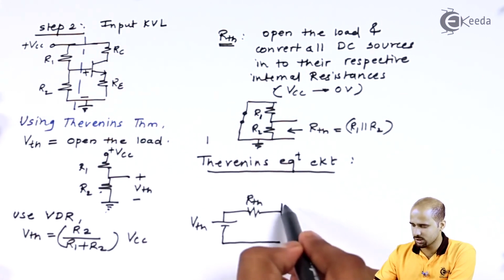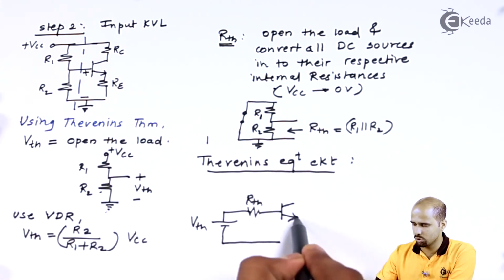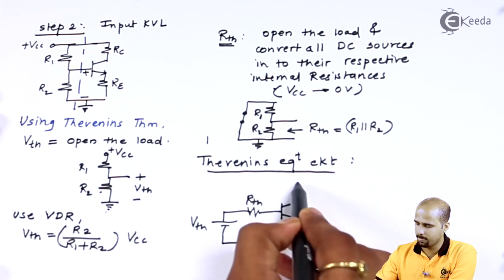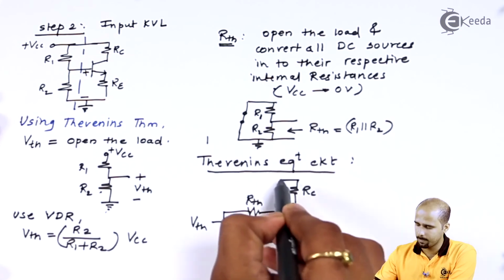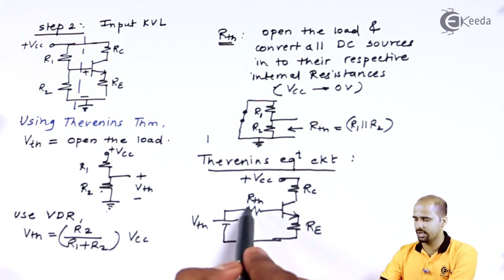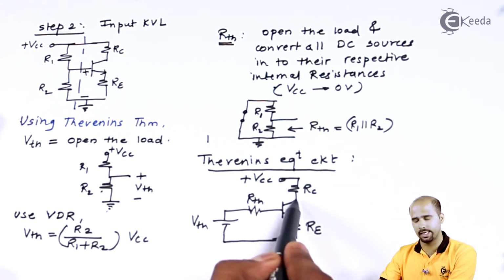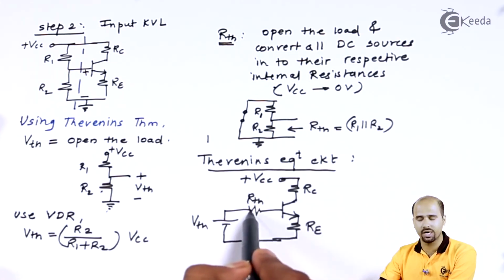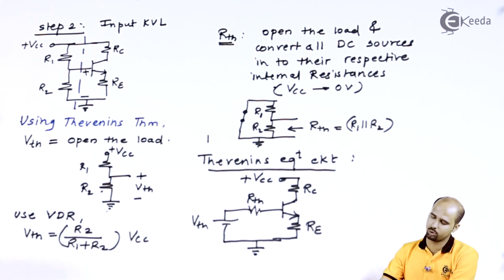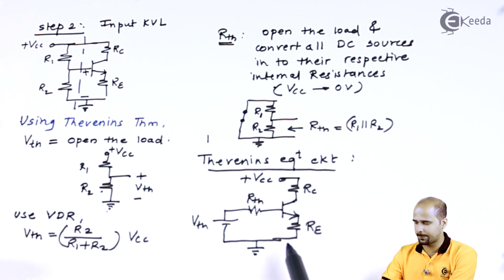So the load was this, and I have attached the load. So plus VCC, RC, then connected to collector, base is connected to RTH and VTH in series, RE is connected to the emitter, and ultimately this is connected to ground potential.